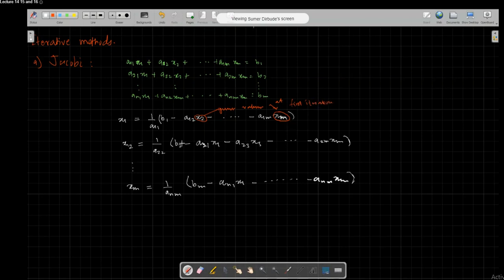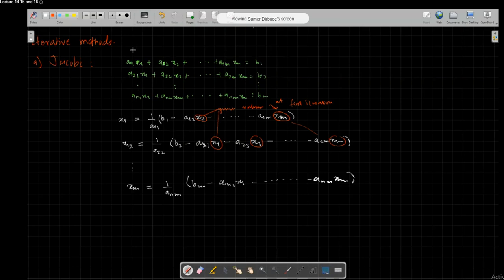Okay. And then all others are like that. These are guess values. So it is just an expression in the form of these known values.